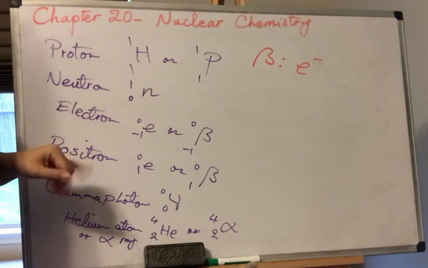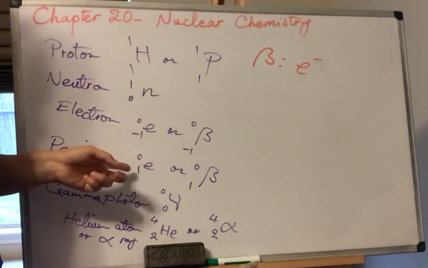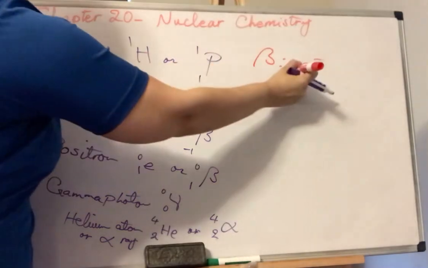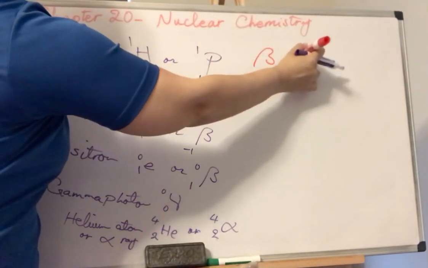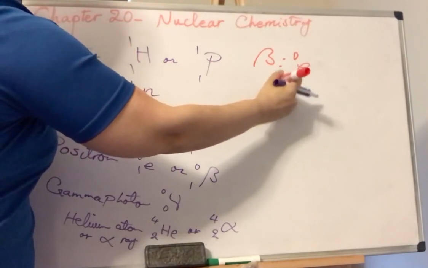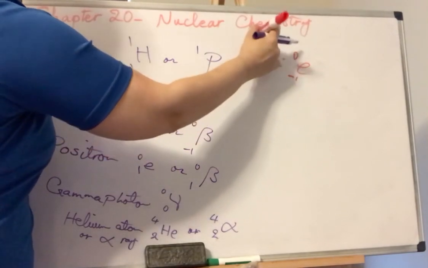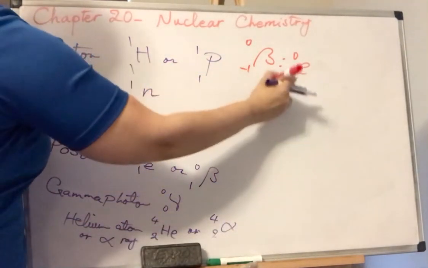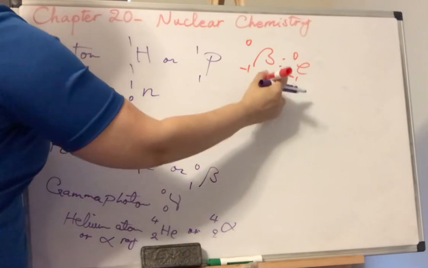Positron is similar to electron, as we said, but it has a positive charge. So electron has a negative charge, but positron has a positive charge. So you see beta and positron.